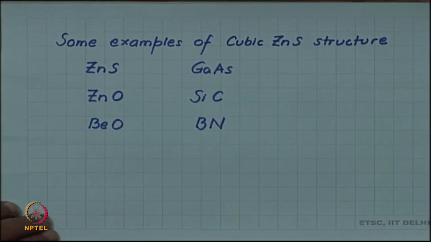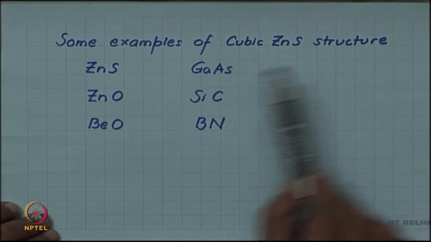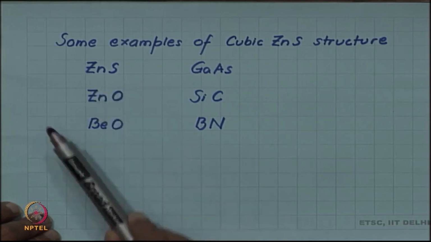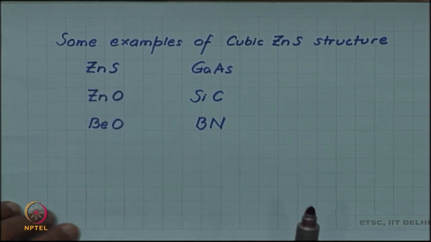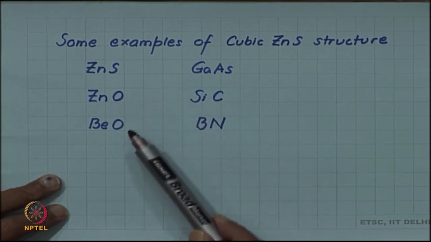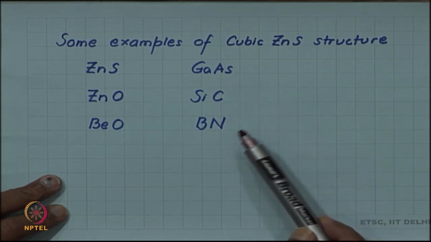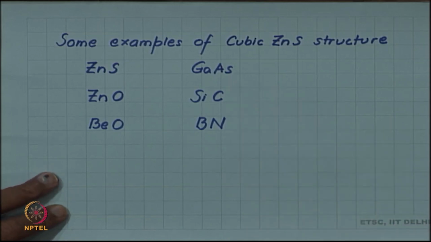Like other structures, the cubic zinc sulphide is also a prototype structure, and many other equiatomic compounds form the cubic zinc sulphide structure. They are zinc oxide, beryllium oxide, gallium arsenide, silicon carbide, boron nitride, among many others.